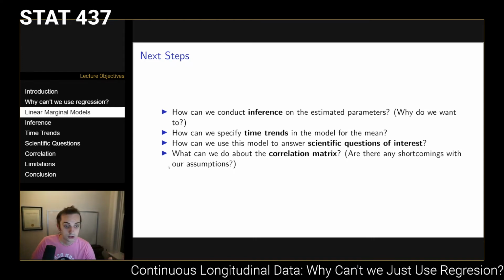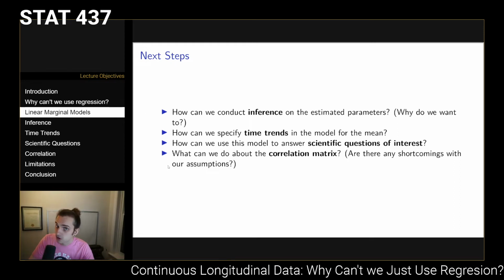To summarize where we're at right now, we've shown that linear regression seemed like a natural way to analyze continuous longitudinal data, except there's correlation, and so we can't do univariate linear regression. However, if we keep the data in wide format and think of our outcomes as vectors, then we're back to the independence assumption that we worked with in linear regression. From that assumption, it made sense to extend the univariate normal situation to a multivariate normal situation.